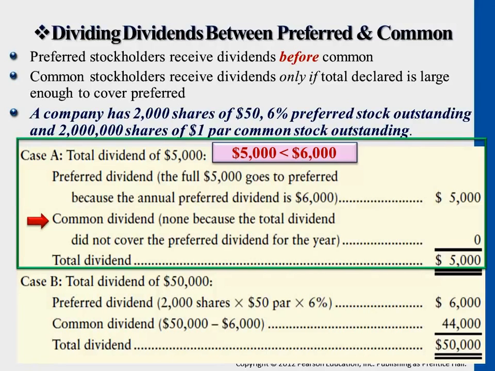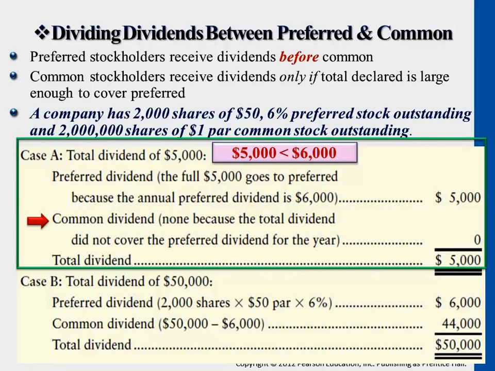So if we look at this example, it tells you a company has 2,000 shares of $50. This is a preferred stock. Face value is 50. Altogether, they issued 2,000 shares. The dividend rate is 6%. So to calculate the total amount of dividends that preferred shareholders are entitled to get, that will be 2,000 shares times the face value of each share times the rate of dividends.